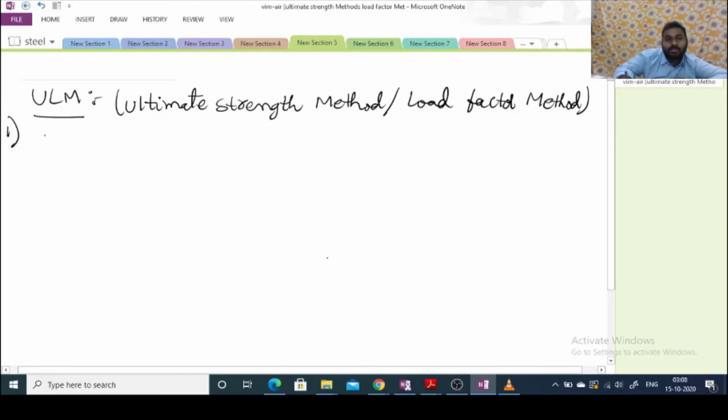As we know, the major limitation of the working stress method is the non-utilization of reserve strength. Hence the basis for the ultimate load method is reserve strength. Here I will write.